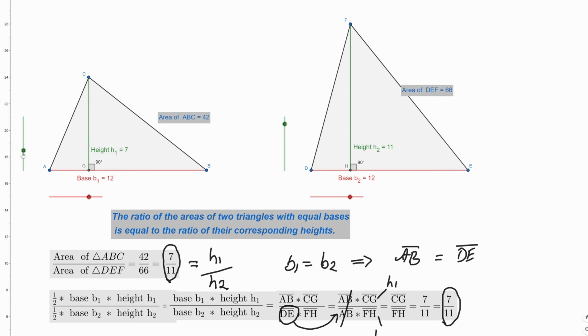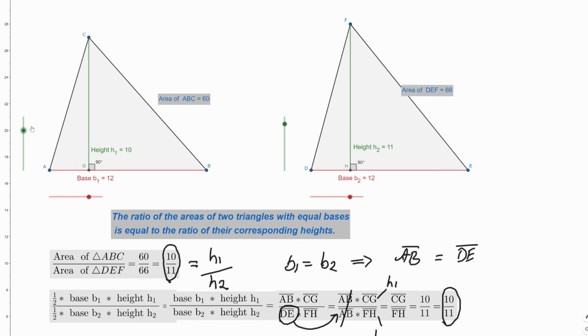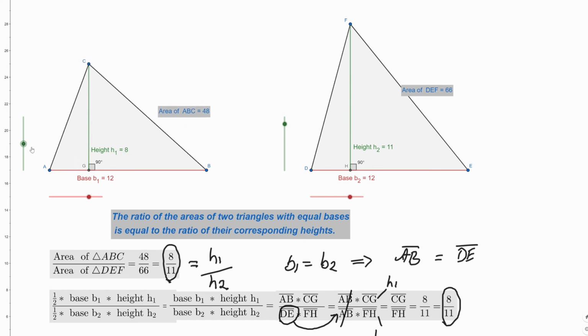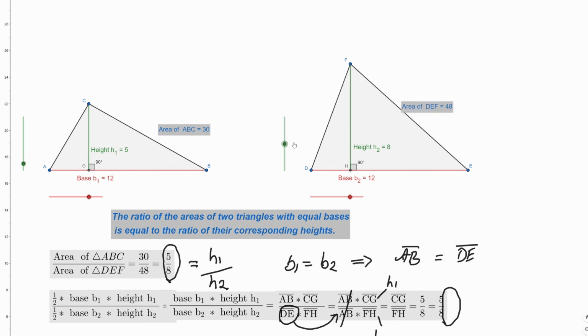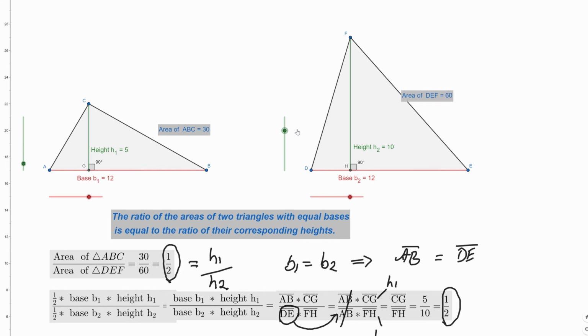For example, I'll bring this height down. You see the ratio changes, but they are always the same. Also if I change the height here, the ratio keeps on changing, but the relationship holds true.